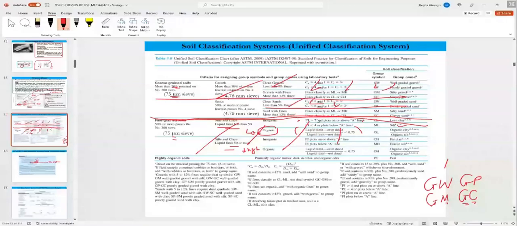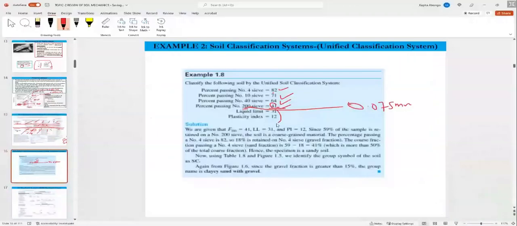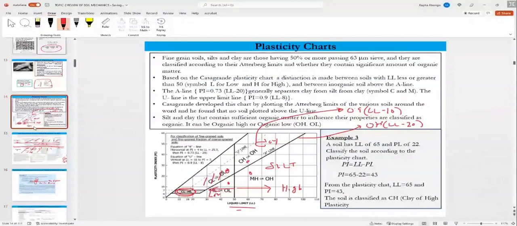So 12% fines. For this class, we need to go to Atterberg limits and check. Liquid limit is 31. Plasticity index is 12. So we go to 12 and 31 is around here.